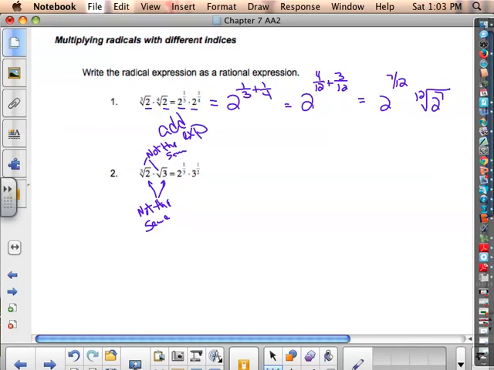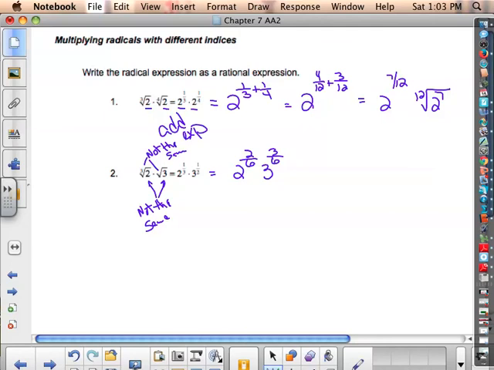So when I look at this, I have 2 to the 1/3 and 3 to the 1/2. In order to get that to a common index, I'm going to make that 2 to the 2/6 times 3 to the 3/6. Okay, so now they are the same index.